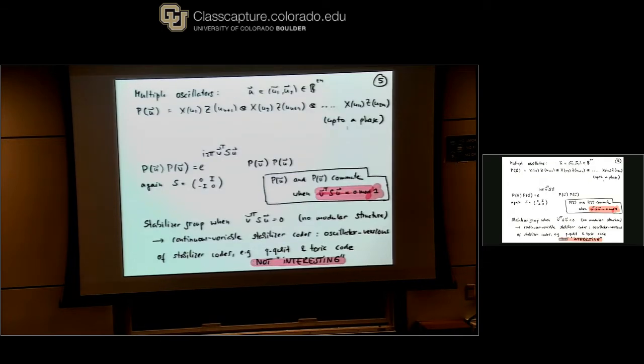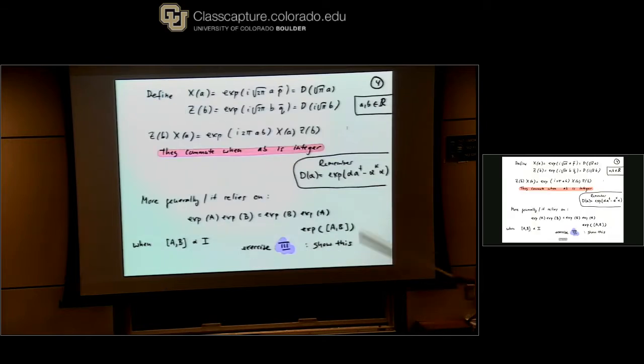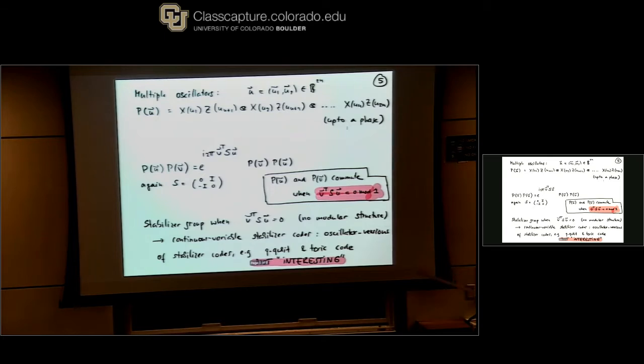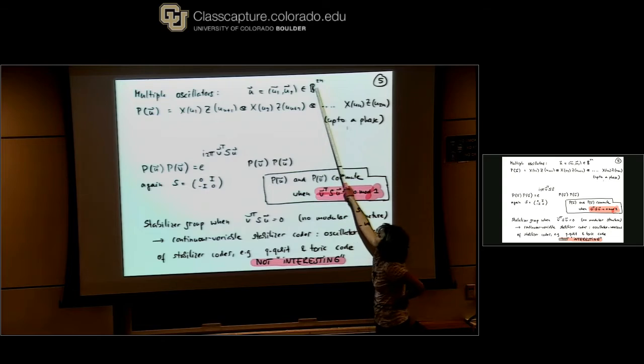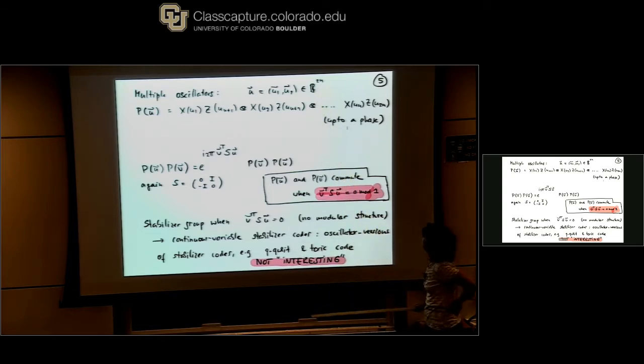Okay, no, I think it's actually good that I'm covering some of this. So that's just a single oscillator commutation. Now again, I can do that for multiple oscillators. So now I have a vector u1, u2, and so on, where the entries of this vector are elements in R, so the vector is in R to the 2n.